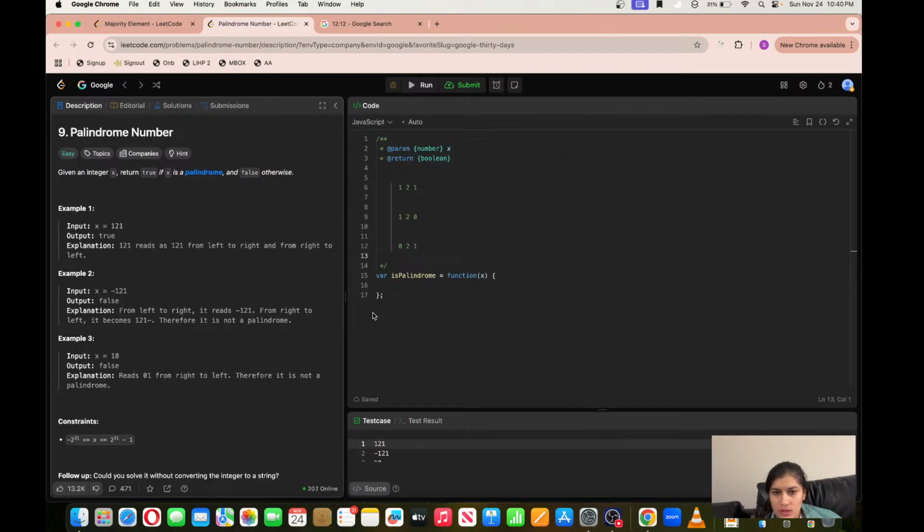And if it is minus 121, then it will be 121 minus. So any negative number actually cannot be a palindrome, right? Even if it is 121, it cannot be, because it is negative. Only positive numbers can be palindromes.